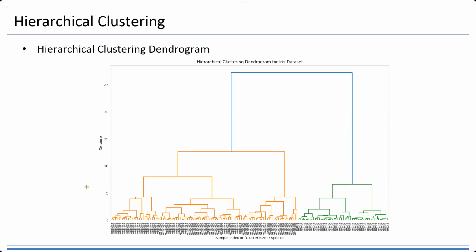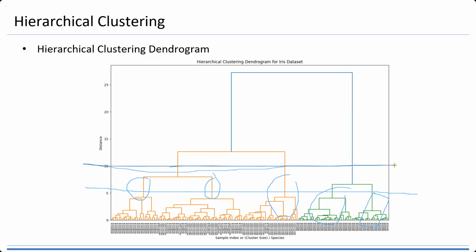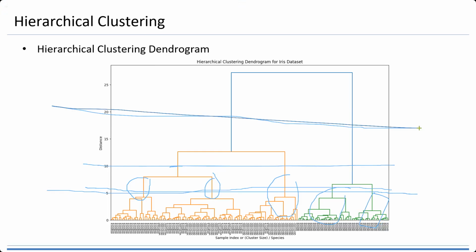If you cut here, then you will get cluster 1, cluster 2, cluster 3, cluster 4, and cluster 5. So it is based on the line, and the line shows a distance. If you cut off here, then you will get 3. If you cut off here, you will get 5. If you cut off here, there will be 2. Okay.